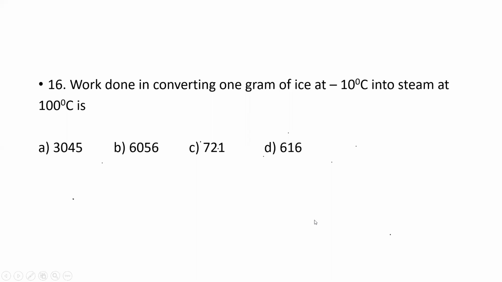Then next question. Work done in converting 1 gram of ice at minus 10 degrees Celsius into steam at 100 degrees Celsius. We need to calculate the work done in converting ice into steam. They have given the temperature.